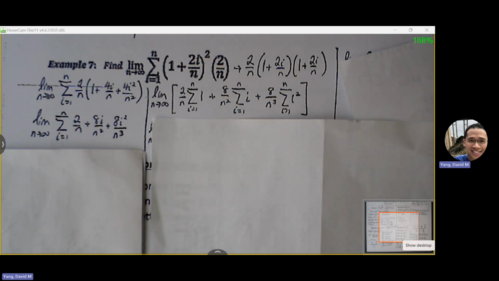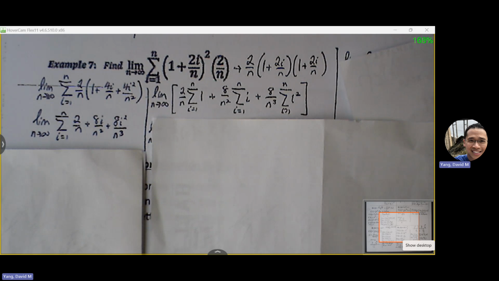I just want to isolate my summation 1, summation i, summation i squared, because those are the portions that can be applied to the rule. Anything that's a coefficient and n that can push out in front, those will just hang out. Once my substitution is complete, I can multiply those 2 over n, those coefficients back into my expressions.